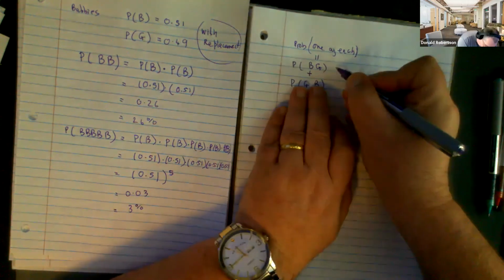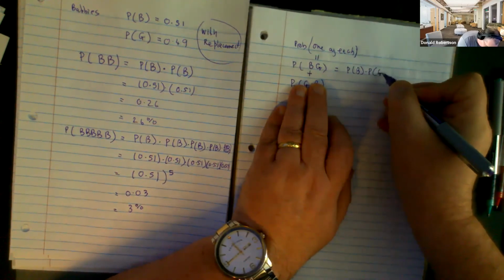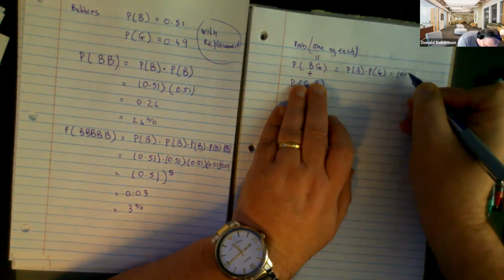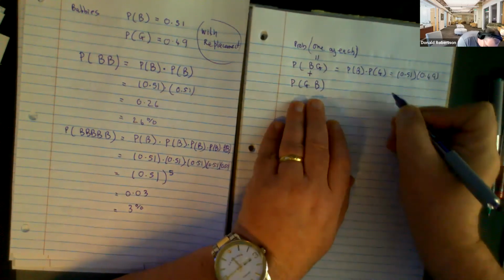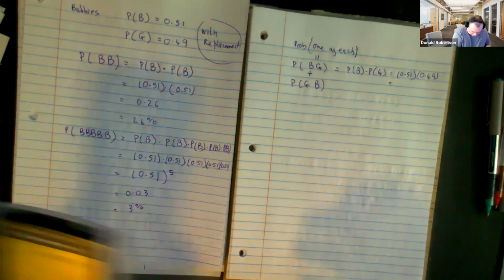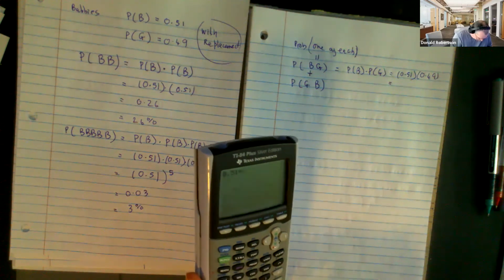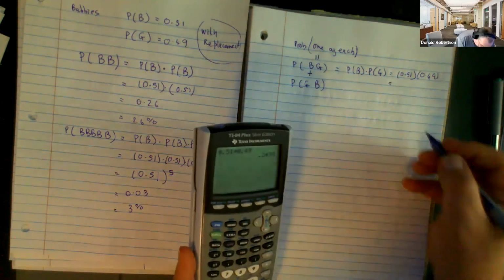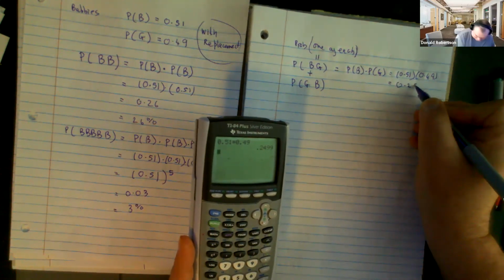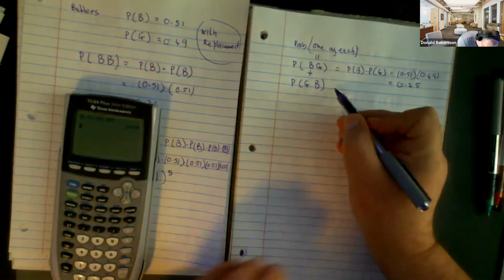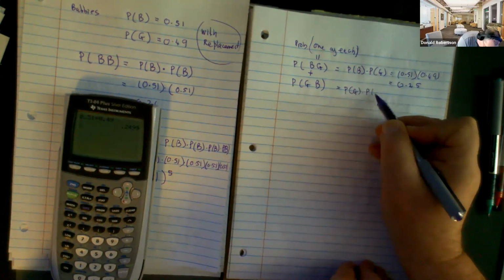That's 1 of each. So this one is the probability of a boy times the probability of a girl. So this is 0.51 times 0.49. And that's going to equal whatever the calculator tells me it's equal to. So 0.51 times 0.49, and I'm doing to 2 decimal places here. So that ends up being 0.25. And a girl and a boy, well, probability of a girl times the probability of a boy.